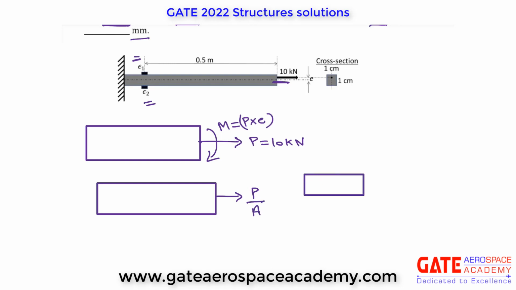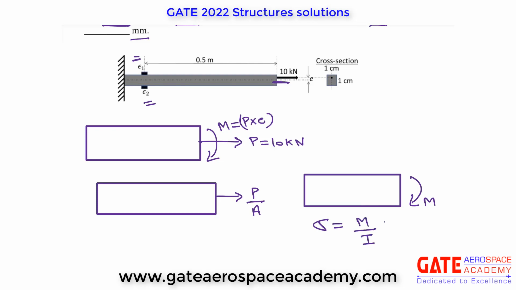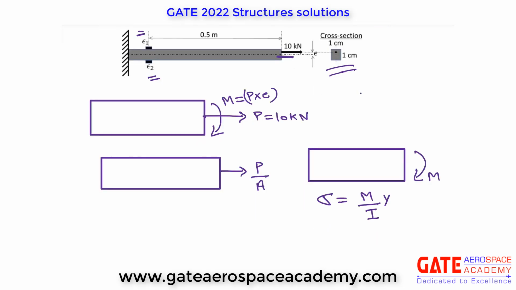Bending stress, we know how stress varies in bending. Sigma is equal to M by I into Y, where Y is the distance from centroid. Its cross section is also given, so its centroid will lie here at the center, right? So Y distance for the upper fiber is 0.5 and for lower fiber also it is 0.5, correct?